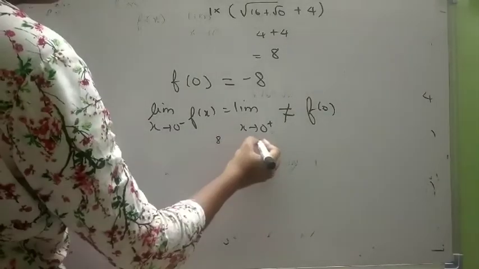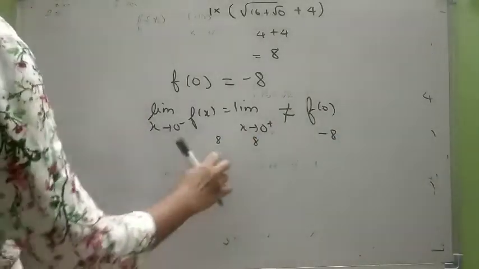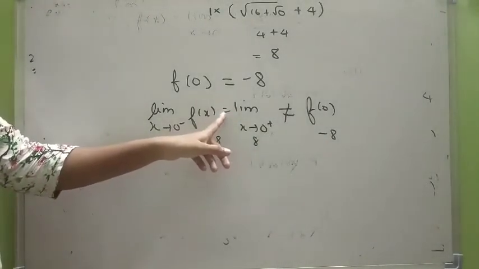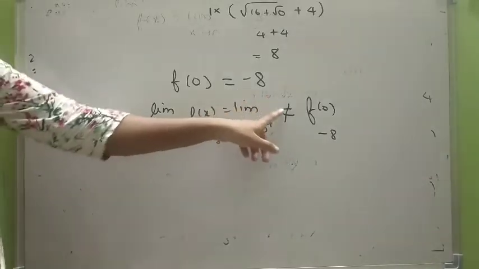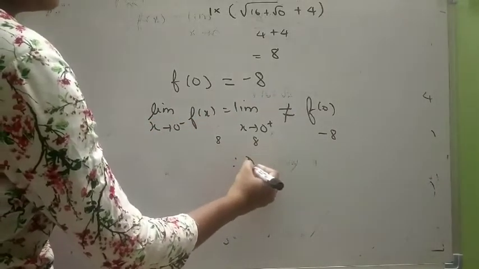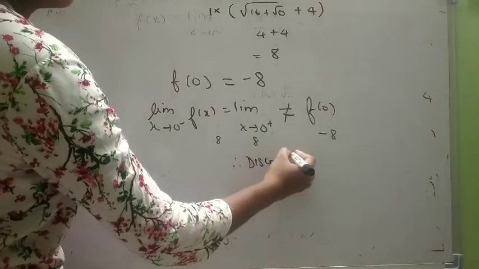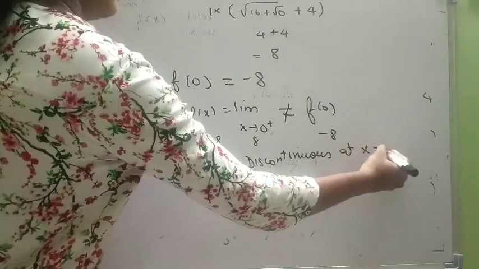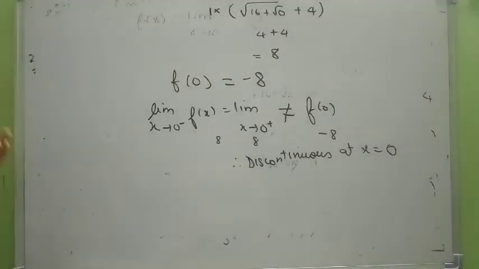This you had got as 8, but this is minus 8. This and this are equal but not equal to f of 0. For continuity, all three should be equal. But now even one is not equal, therefore it is discontinuous. They had only asked you to discuss the continuity. It is discontinuous at x is equal to 0. Okay. So this is the answer.